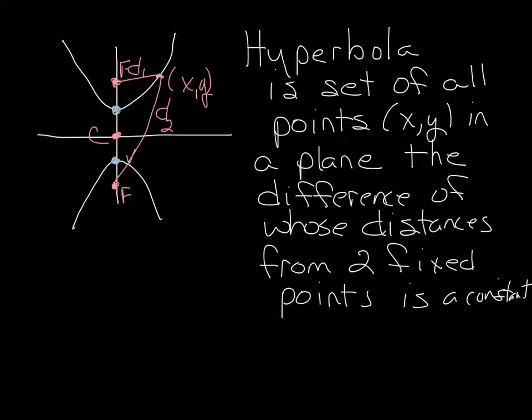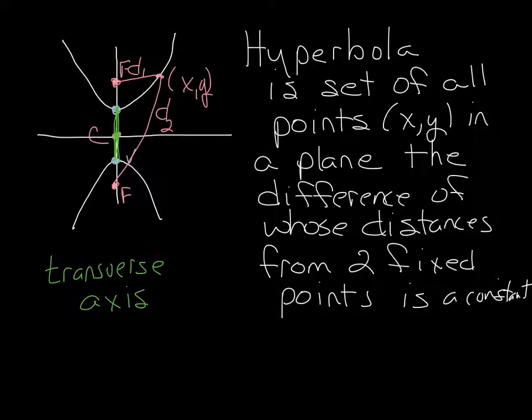And the chord that joins the vertices is called the transverse axis. You could have a vertical transverse axis, or you could have a horizontal transverse axis.